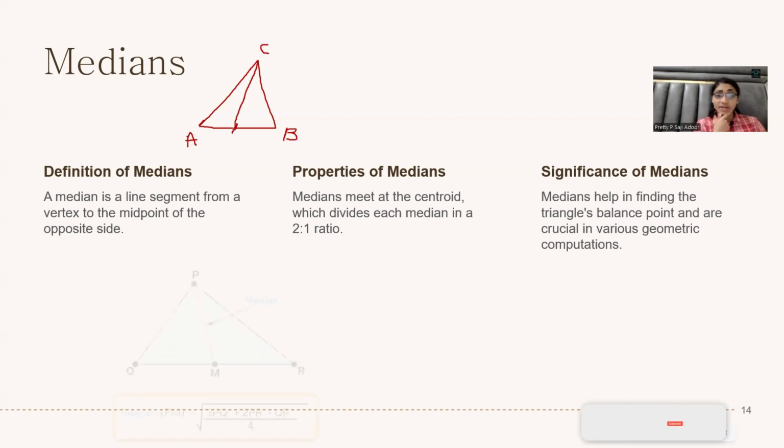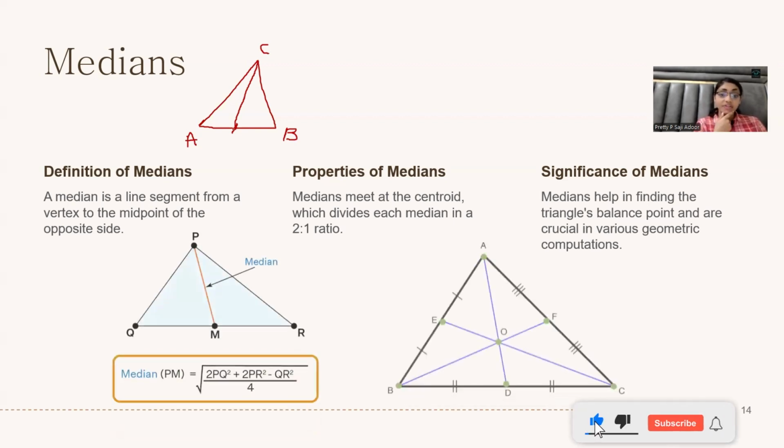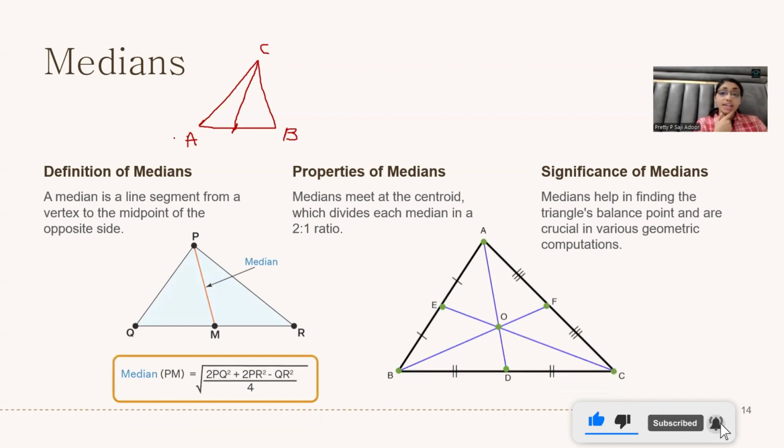Then what is the centroid? A triangle has three sides, in this figure AB, AC and BC. These are the vertices of this triangle.